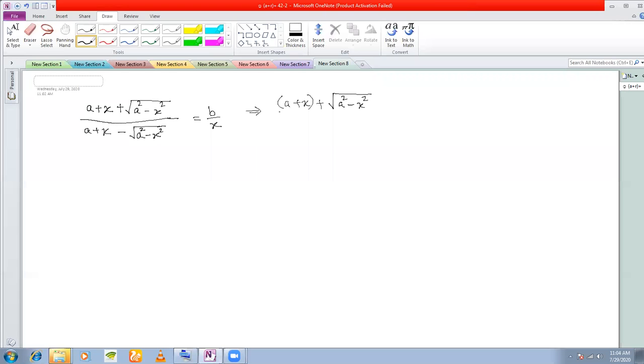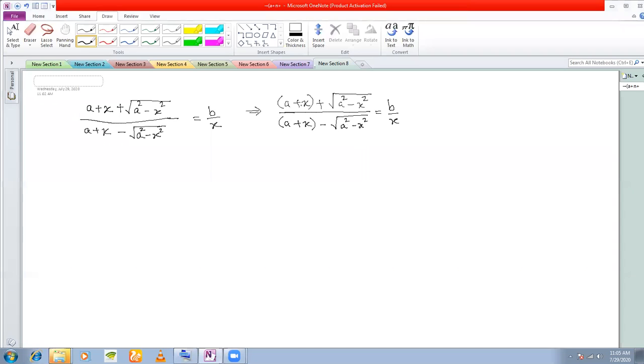You can write this in this manner. I have taken a plus x together and I have separated the radical.